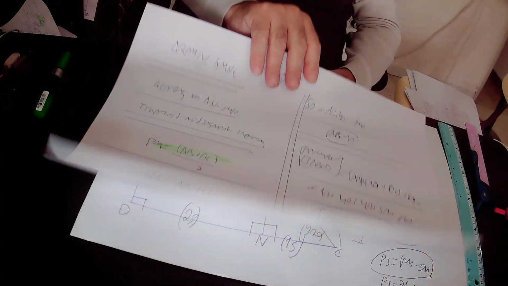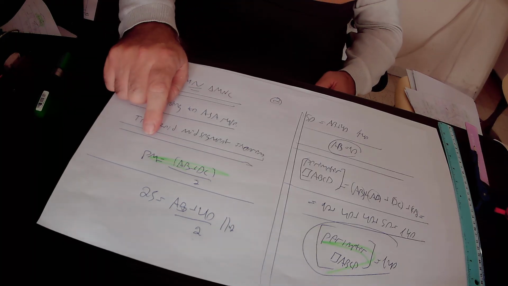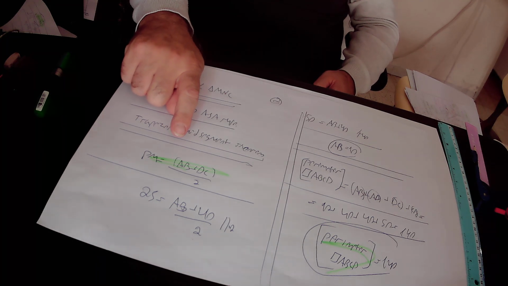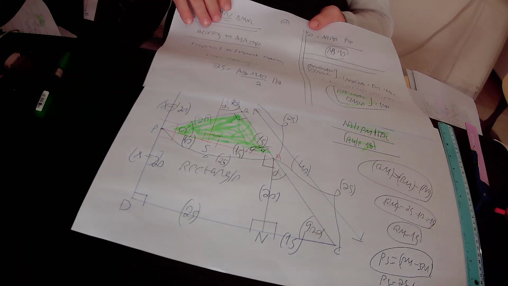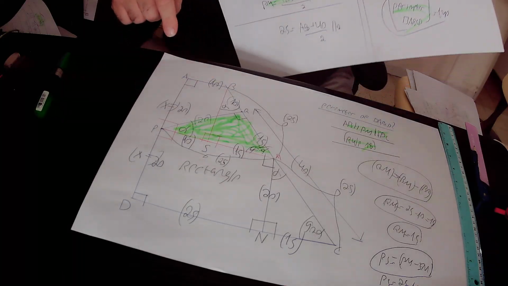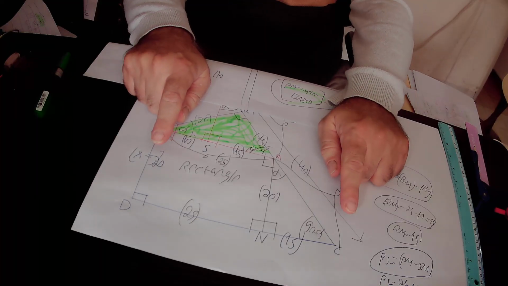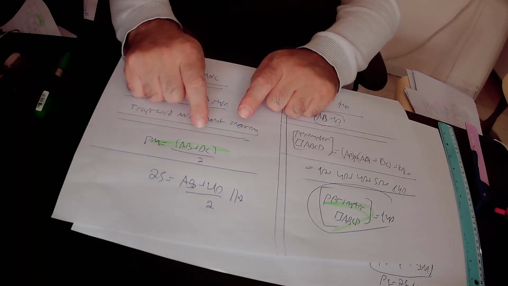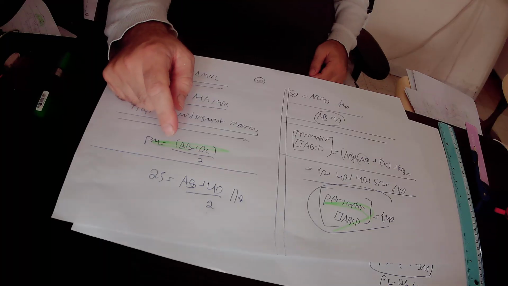But we already found out that PM equals 25, AB is the missing side, so leave it as it is, plus DC, and DC in total equals 25 plus 15, that is 40. Again, PM is 25, AB is the missing side, DC is 40, divided by 2. So in total we found out that 25 equals AB plus 40 over 2.